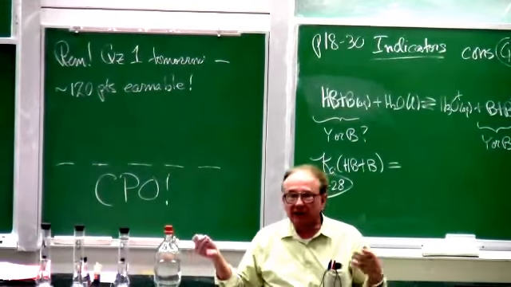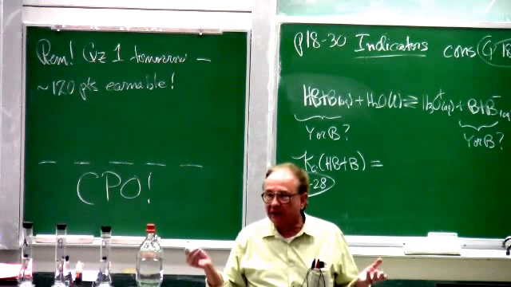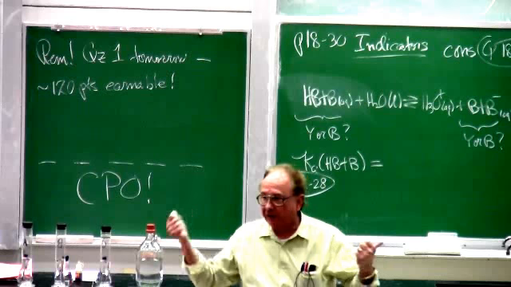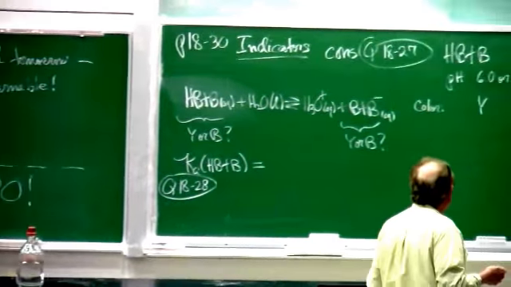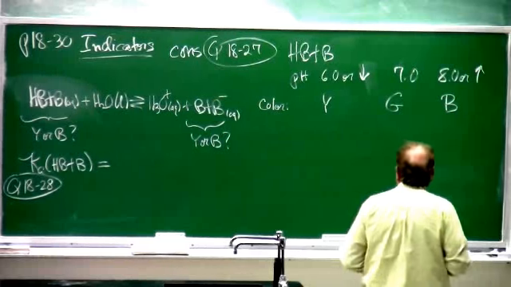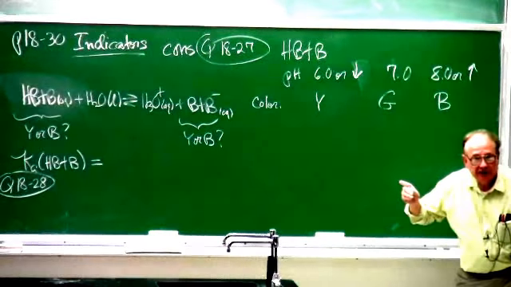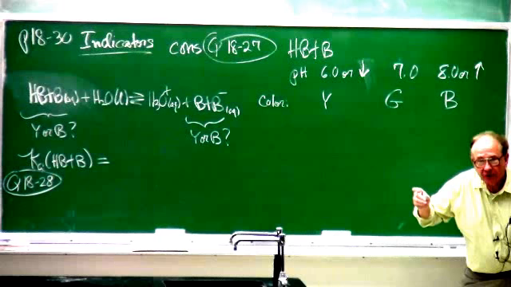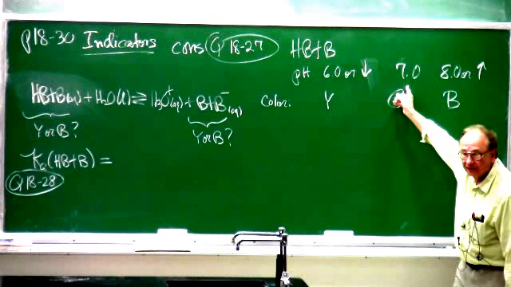But most commonly, we're dealing with solutions that are less concentrated than 1 molar, either hydronium ion or hydroxide ion. And HBTB is the most commonly used indicator in pH analysis for water solutions because it hits at the middle of this range.